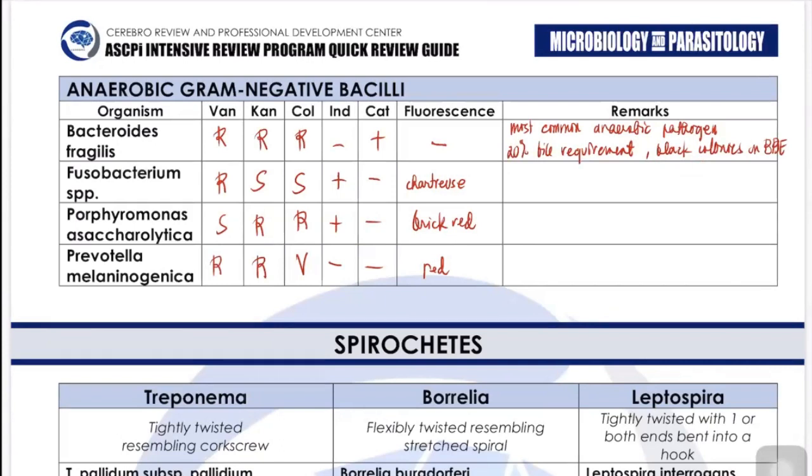Next, we have Fusobacterium species. Here we have two to differentiate: Fusobacterium nucleatum and Fusobacterium necrophorum.